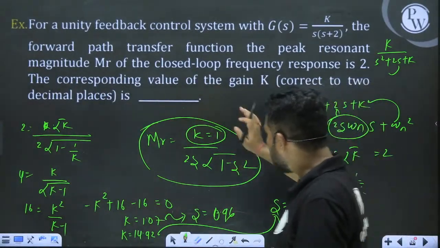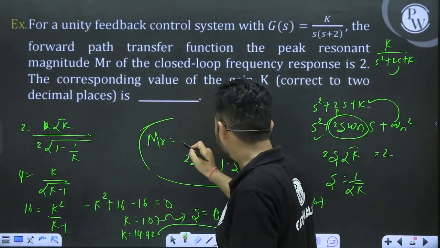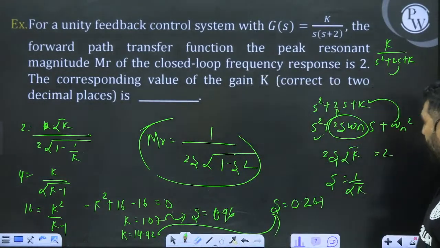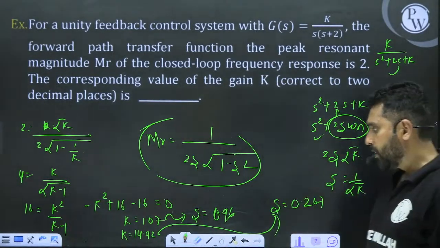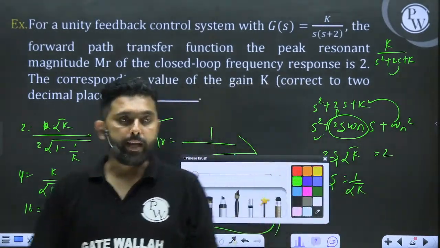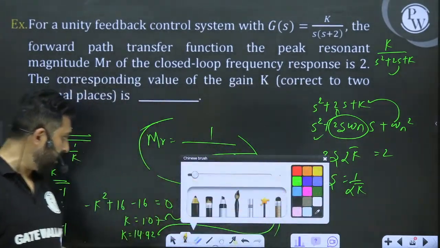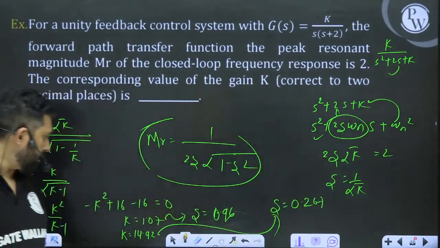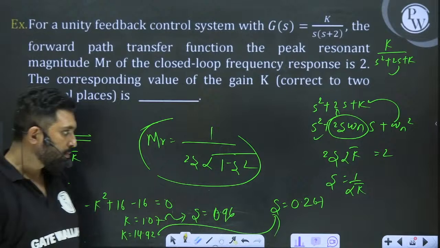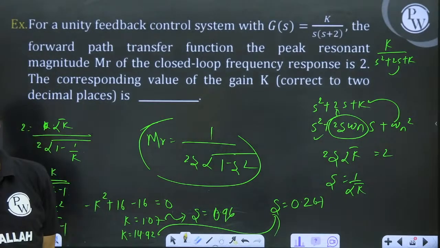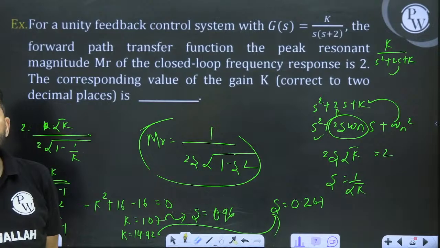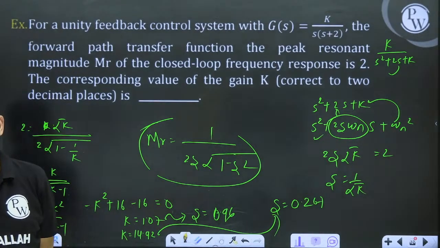Here it is 1 by 2 zeta root of 1 minus zeta square, and in that case you will follow. So tell me which value of zeta you will take, this or this? You will take k as 1.07 or 14.92?